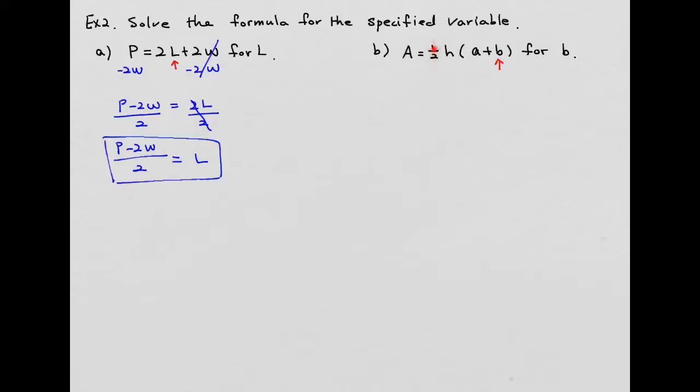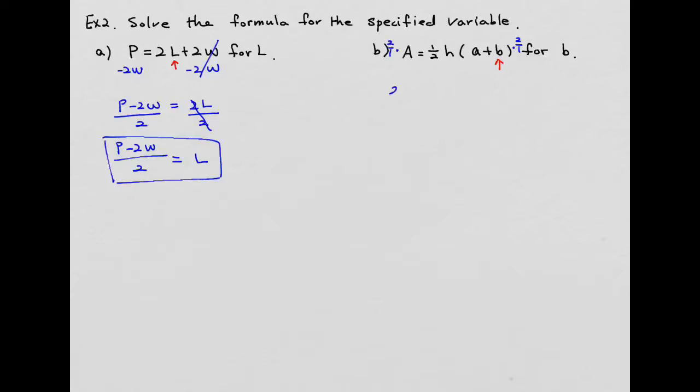So in order to get rid of 1/2, you're going to multiply by 2. In order to get rid of H that's multiplied, you're going to divide by H, right? So if I wanted to do one at a time, I'm going to first multiply this by 2 over 1, right? And do the same thing. Multiply by 2 over 1.